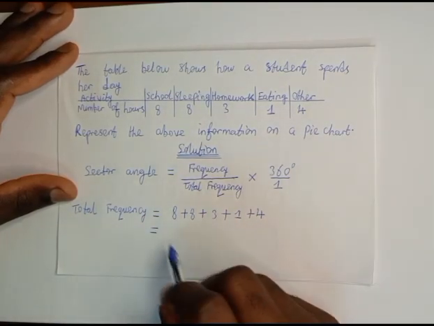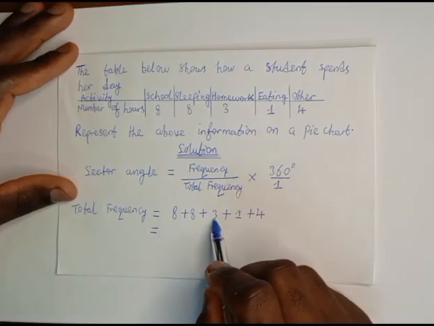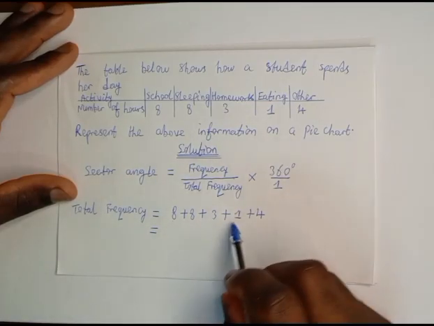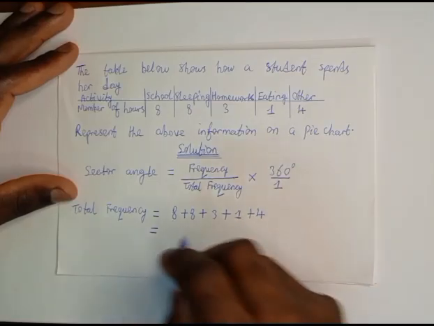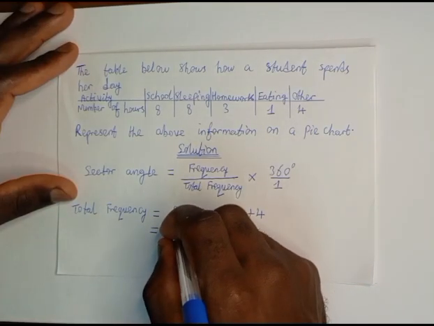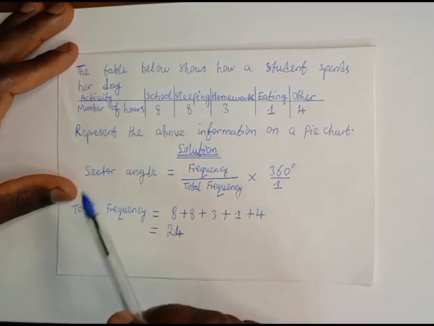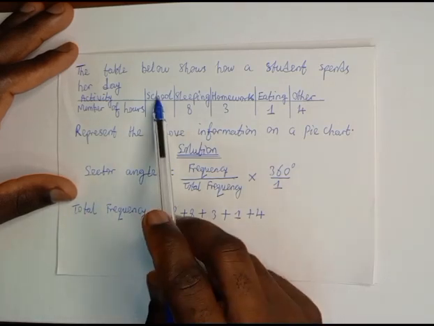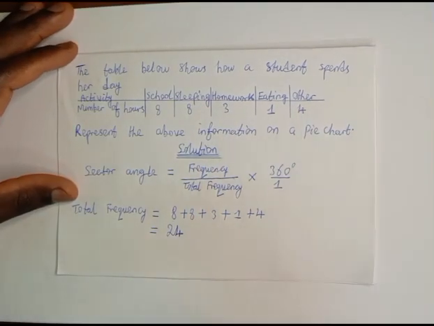So this will be equal to 8 plus 8 gives us 16, 16 plus 3 which gives us 19, plus 1 it gives us 20 plus 4, it gives us 24 hours, which is the 24 hours of a day. Now we need to start by calculating the sector angle of each activity. We start for school, we go to sleeping, homework, eating, and other.